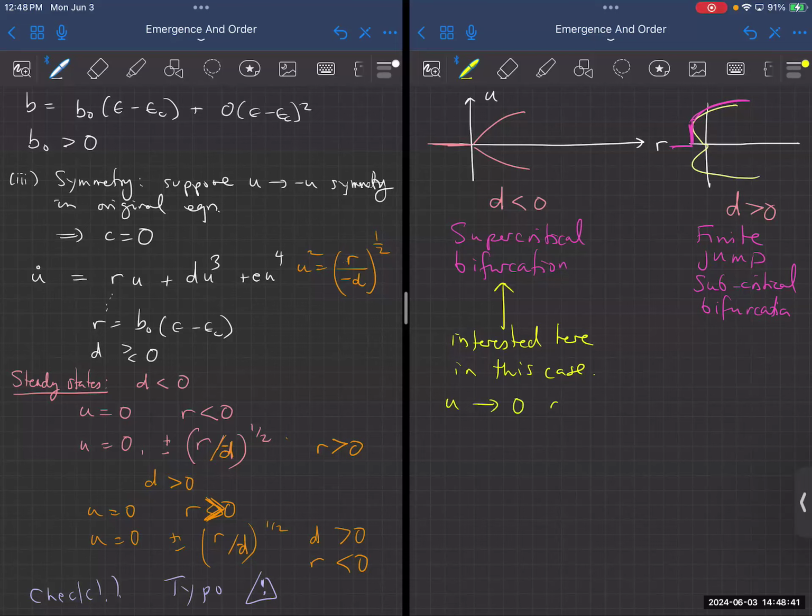So u tends to 0 as r tends to 0, and this is just like the magnetization tending to 0 as T tends to Tc from below in a phase transition.